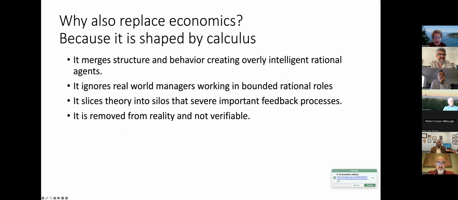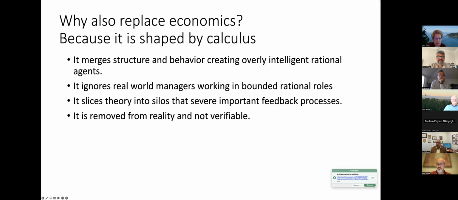Now, why also replace economics? And I said earlier that a theory is shaped by the methodology it uses. Paul Samuelson is credited with creating a text that extensively used calculus to help mathematically savvy MIT students learn economics.